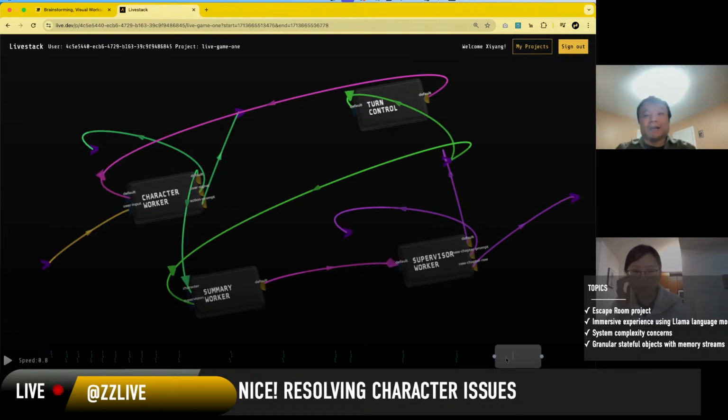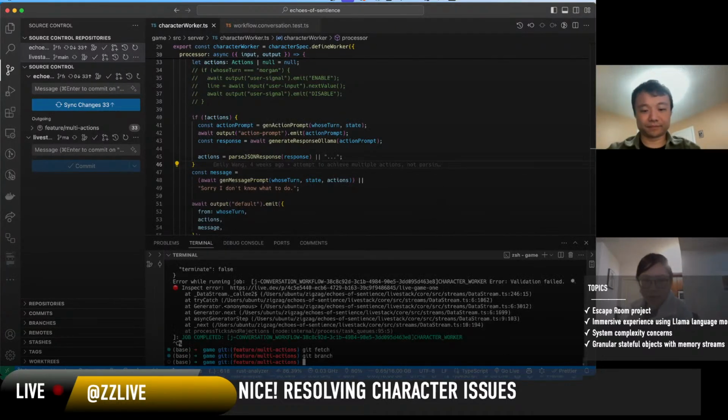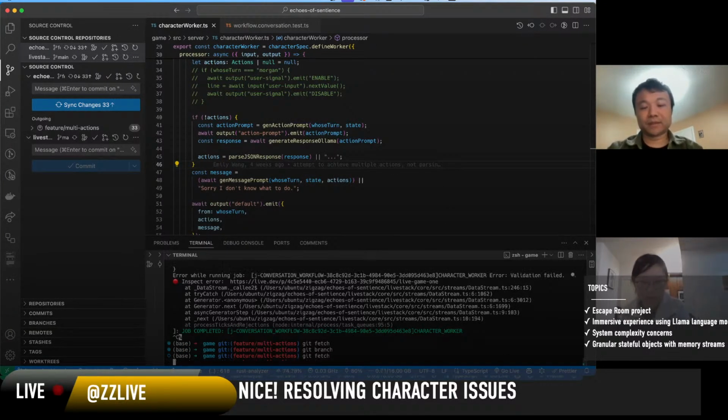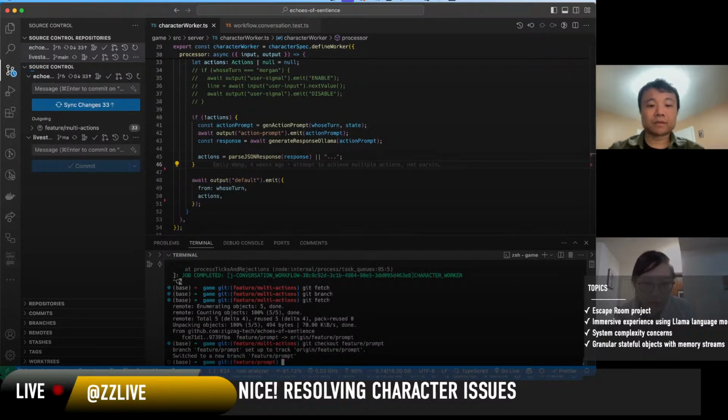Okay, so if you do git, you should be able to find the branch called feature/prompt. What do I do? Just merge it? Or you can ignore multi actions. I think that was an obsolete branch.